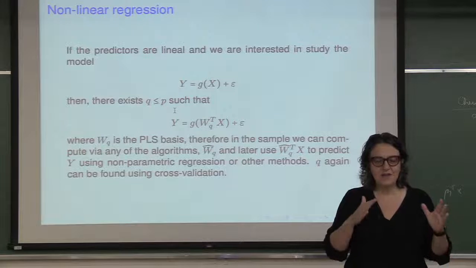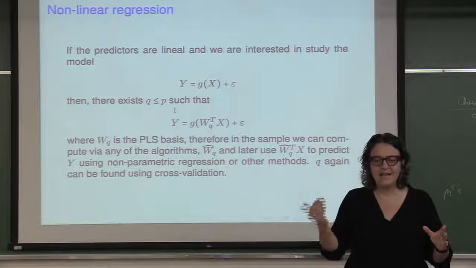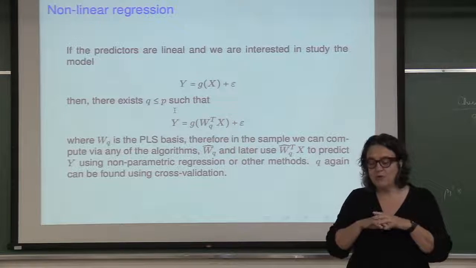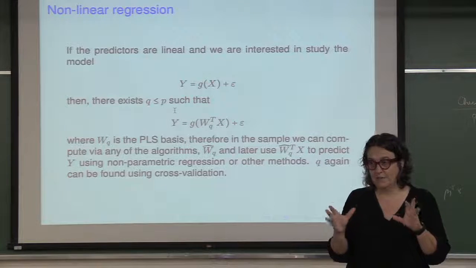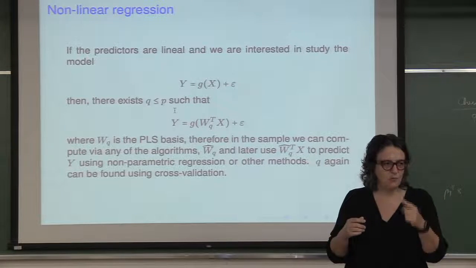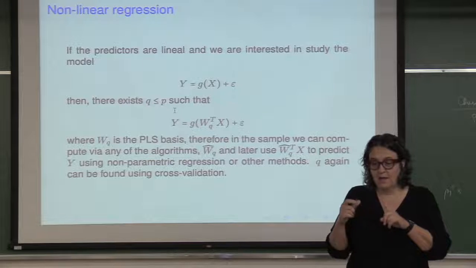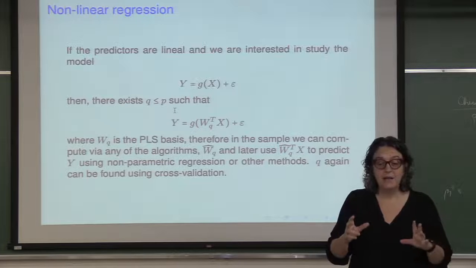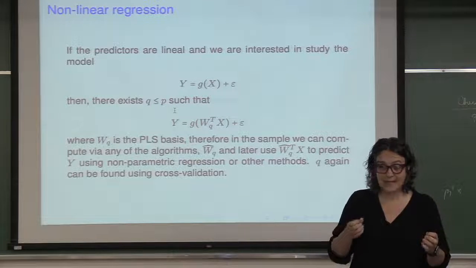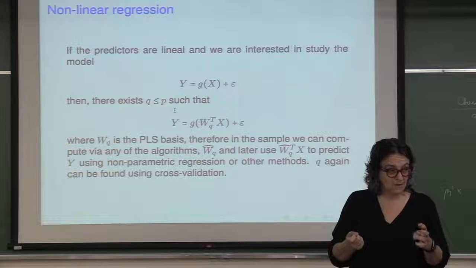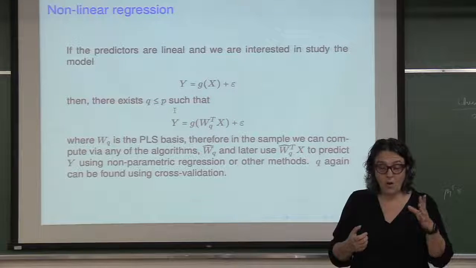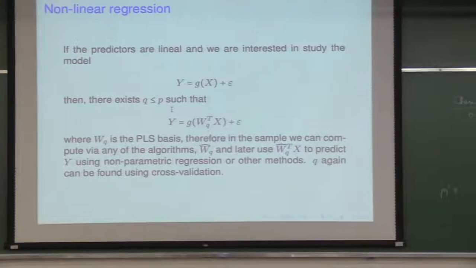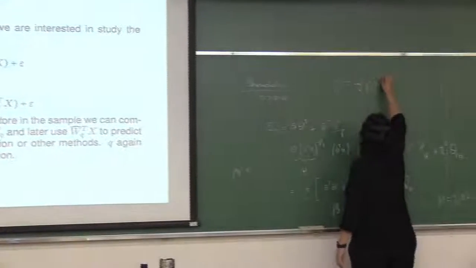Suppose you know that your function y depends only on one linear combination of x, but you don't know how it depends on it. There is a paper, from the 80s, that says: do OLS, get the beta hat, and now you know that y depends only on a linear combination.